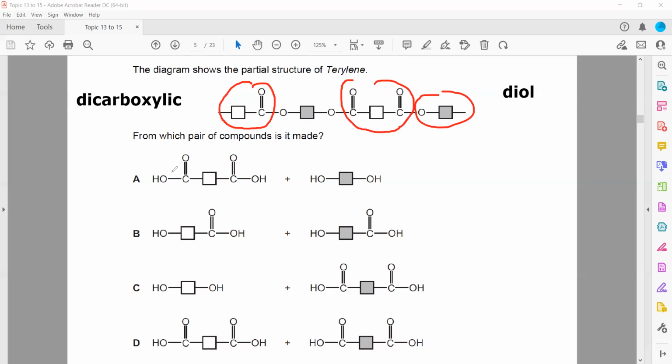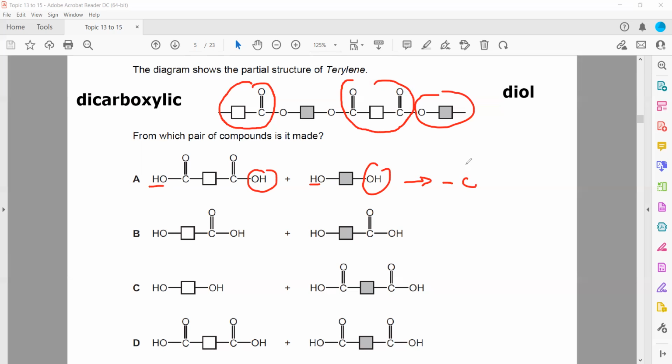So when a carboxylic acid reacts with an alcohol, if one side we remove OH, the other side will remove H. Or it can be the other way around: if one side we remove H, the other side will remove OH. So what will be the product formed if we remove this OH?